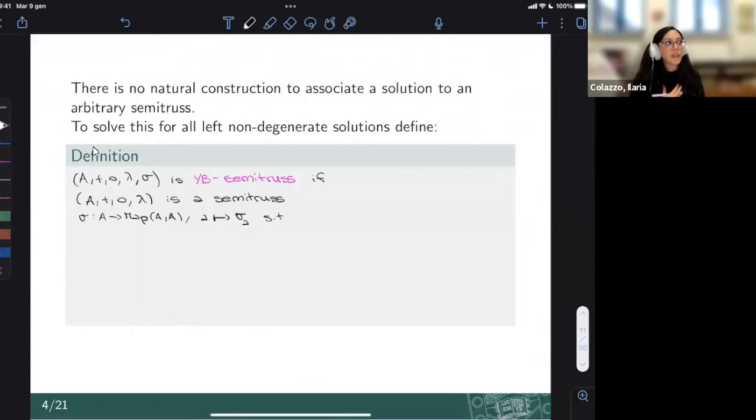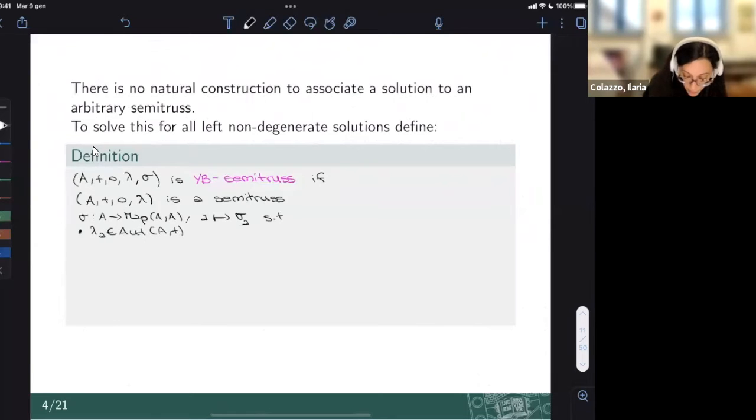If we look at YB-semitrusses from the perspective of skew braces, we can see that these are really natural requests. The first one is that the lambda map, we want to work with left non-degenerate solutions. So what we want is that the lambda maps are bijective, and in particular, we want that these are automorphisms of the additive structure.